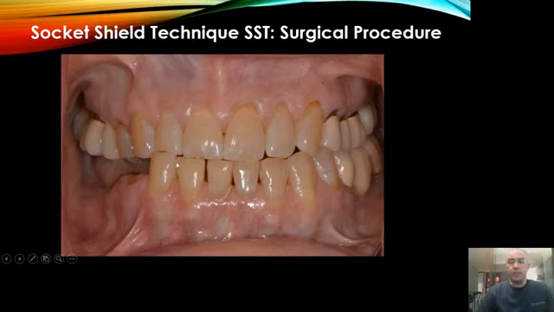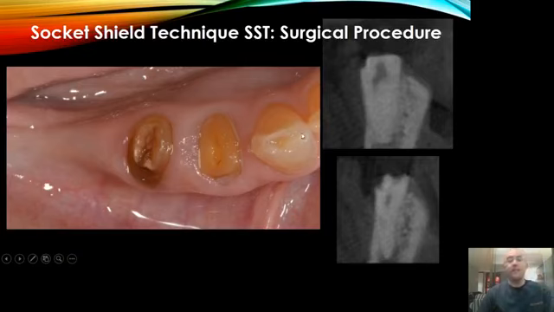This patient came to me with some previous dental implants with some recession, so she was not super satisfied with dental implants. She has these premolars failing, and through the CBCT we see a very thin but intact buccal plate. We could see that with the extraction, we were going to change the socket type from type 1 into type 2 or 3.